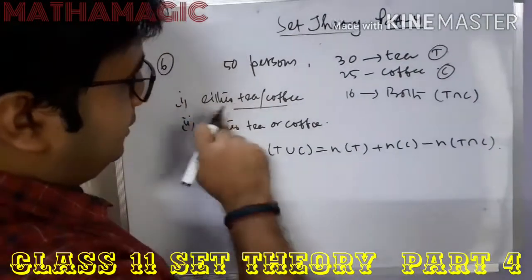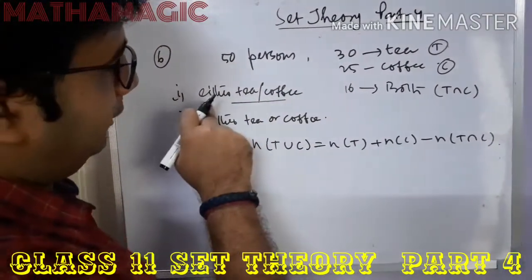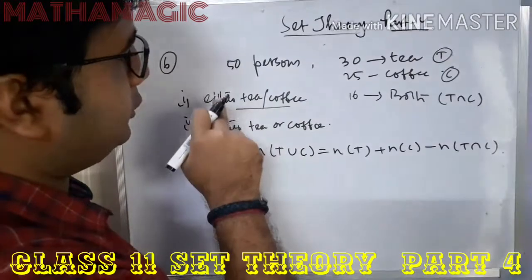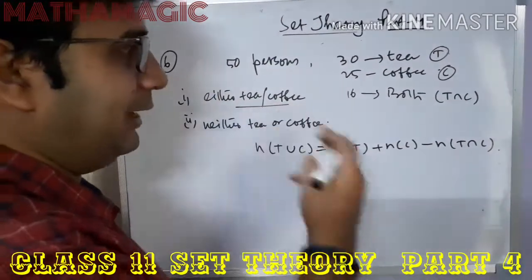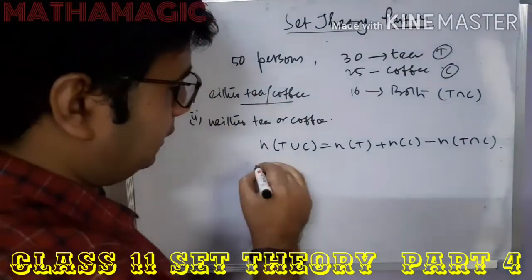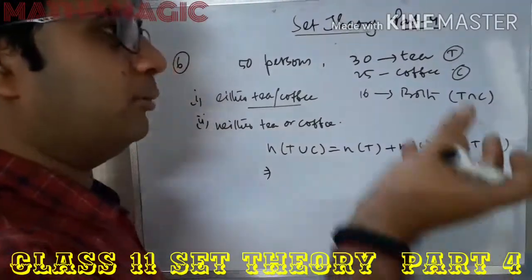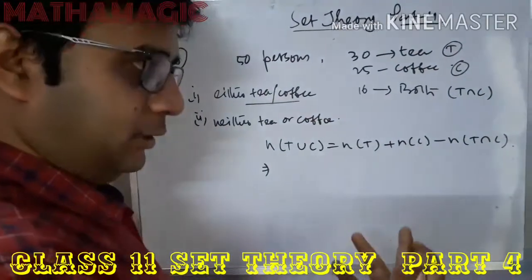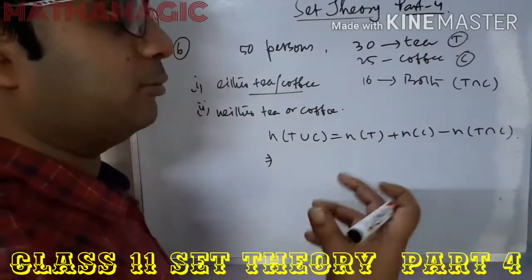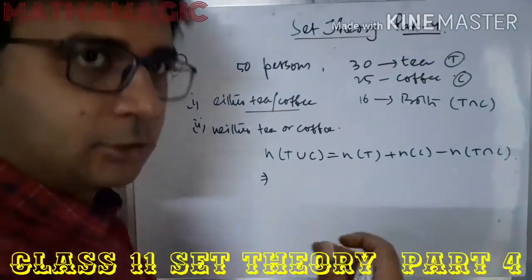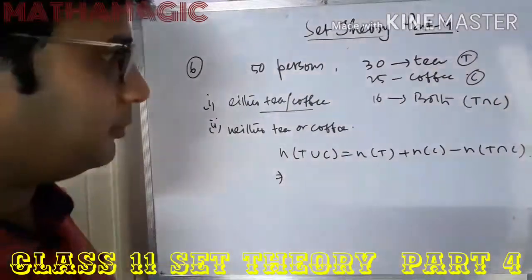So in the first question we have to find the persons who like either tea or coffee. Either means union, because either means what? It is present in A or B. So A or B means we need to take the combination of A and B, so it will be A union B only.